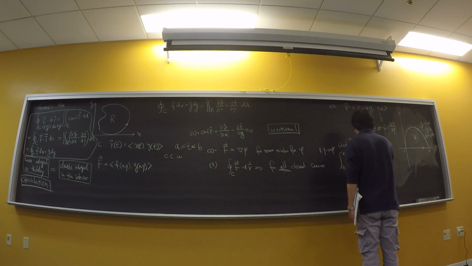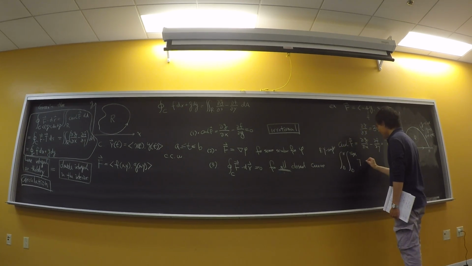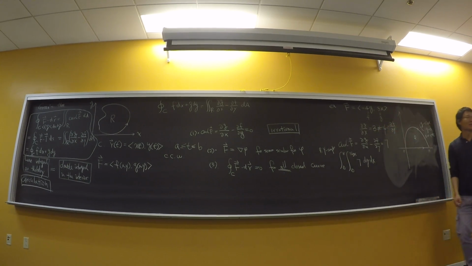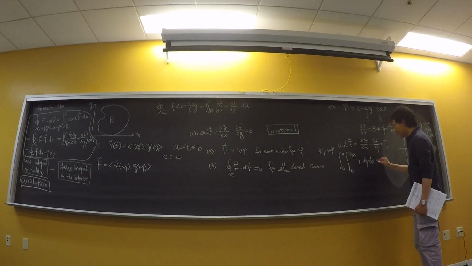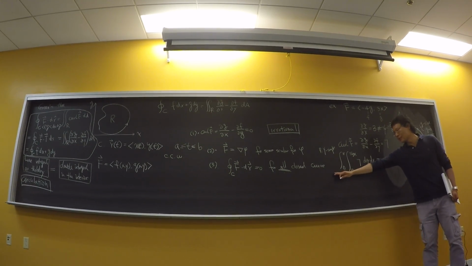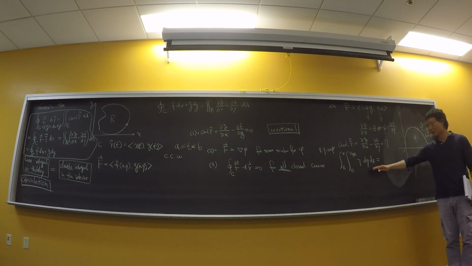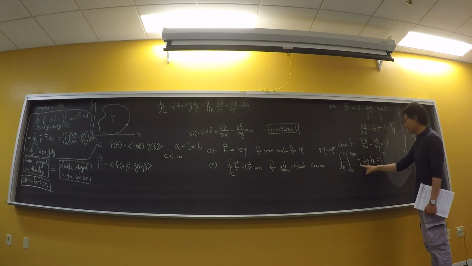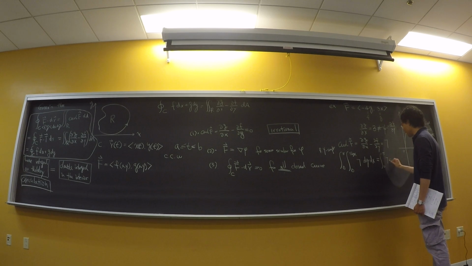And for the constant function 7, because it's y simple, I want to do dy first and then dx. Okay, so let's clear off this double integral step by step. This is a pretty easy evaluation here. So from 0 to pi, 7 dy, and then this is going to give me 7 sine x dx.